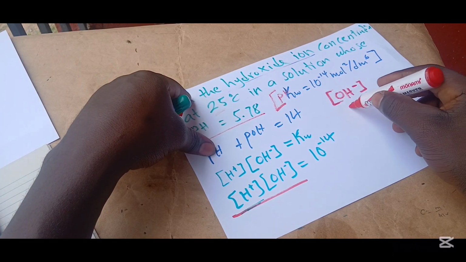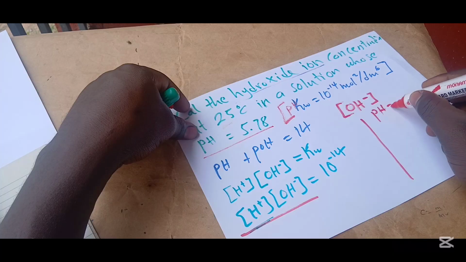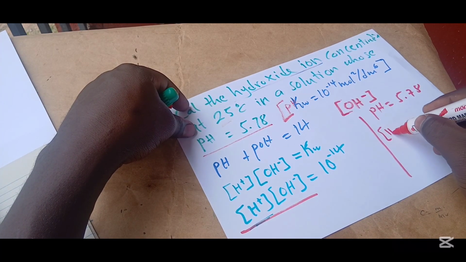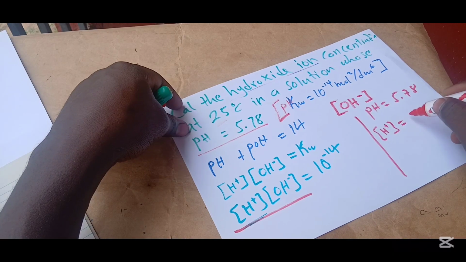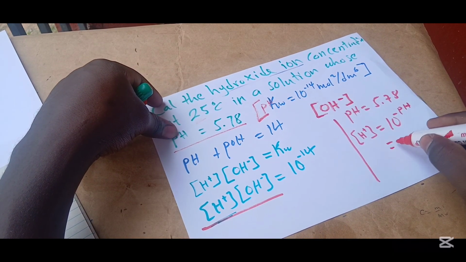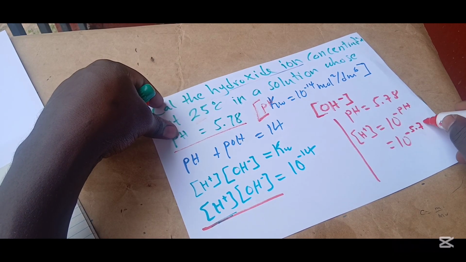Let's solve for the H plus ion concentration. We've been given pH equal to 5.78, and we know the H plus ion concentration is going to be 10 to the power negative pH, which is 10 to the power negative 5.78.